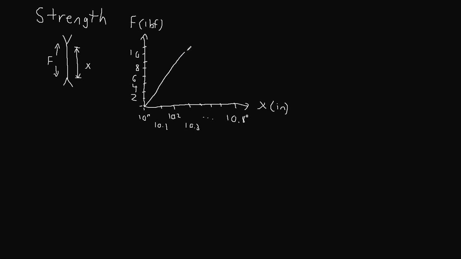All right, so as we pull this string and make it longer, the force is going to increase. Then at some point that string is going to break. So if it breaks here, say at 10 pounds, we can say the strength of the string is equal to 10 pounds. Let's get a little more specific here. This is 10 pounds per string.